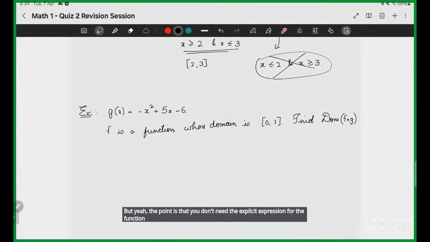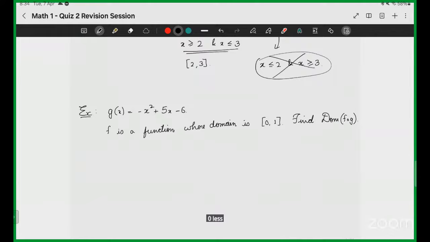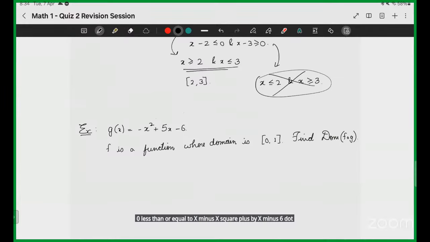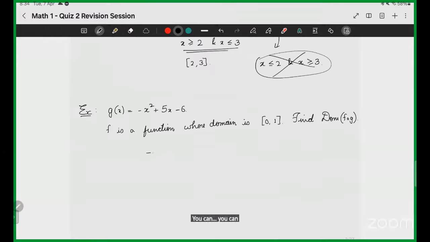You just need to know what the domain is in order to compute the domain of f of g. You'll have g of x should be between 0 and 1.